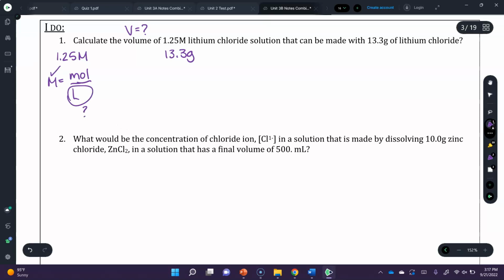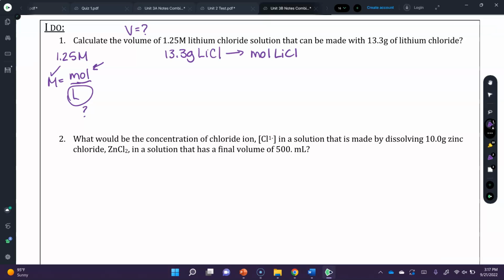We know molarity, so we need to find moles before we can calculate the volume. We're given grams of lithium chloride, and we know that using stoichiometry we can change this into moles of lithium chloride, which is what we can then use here to solve for the volume.